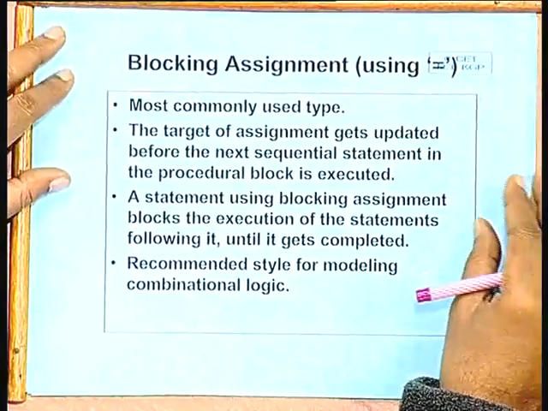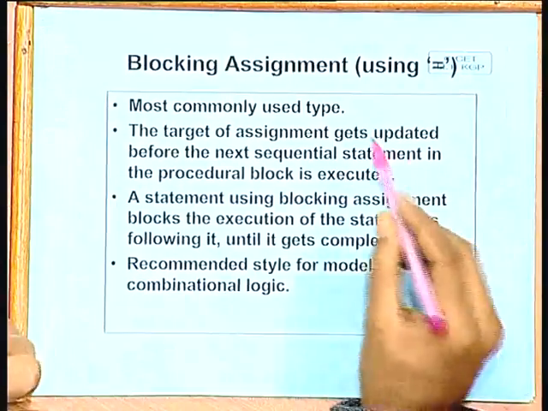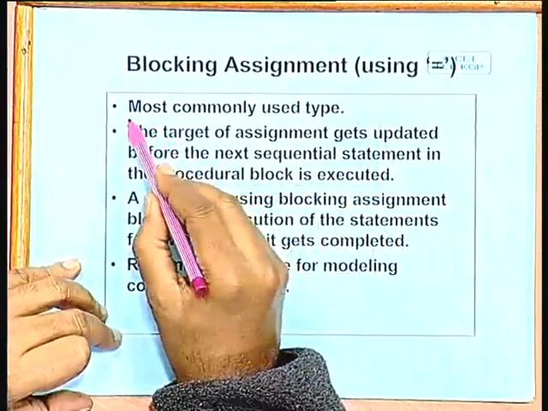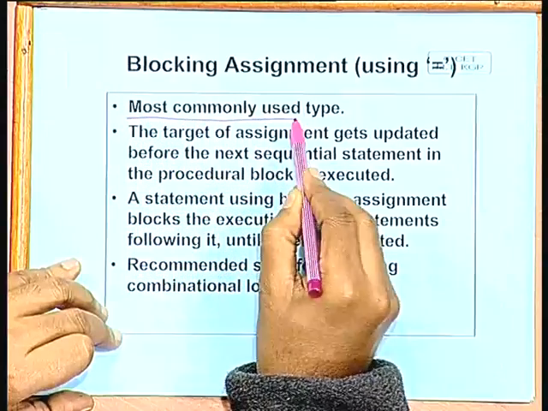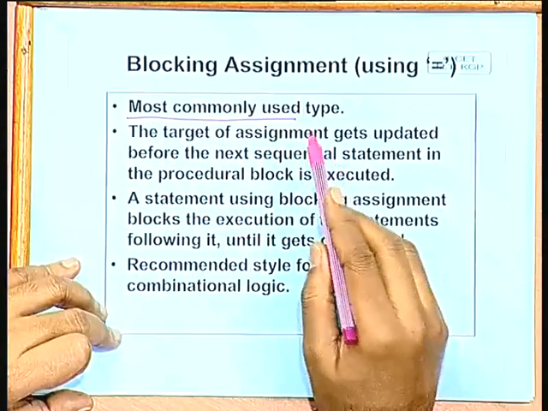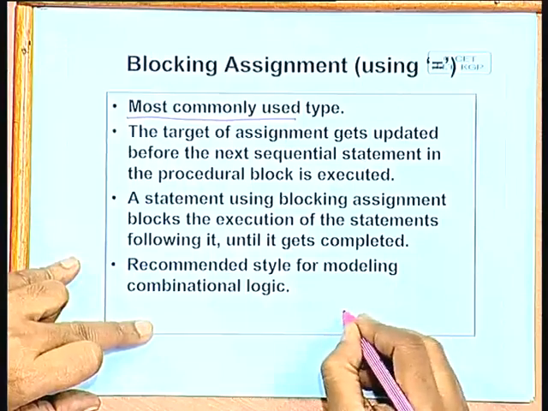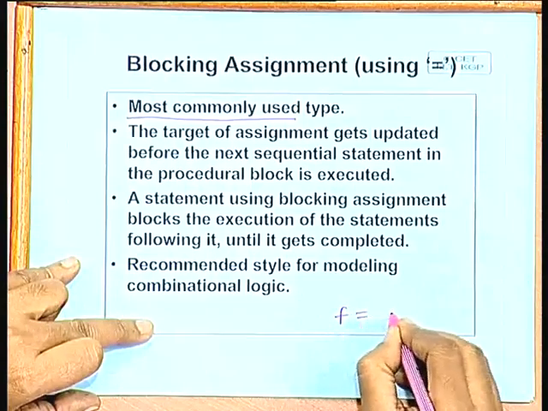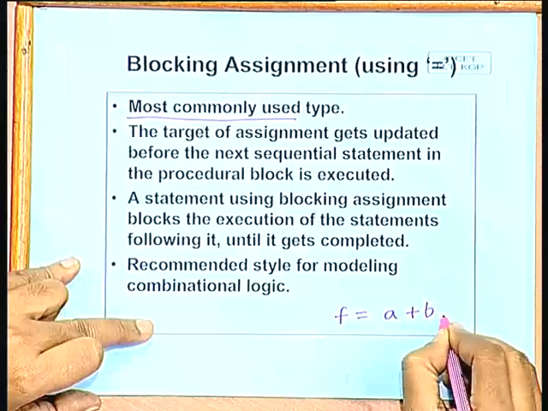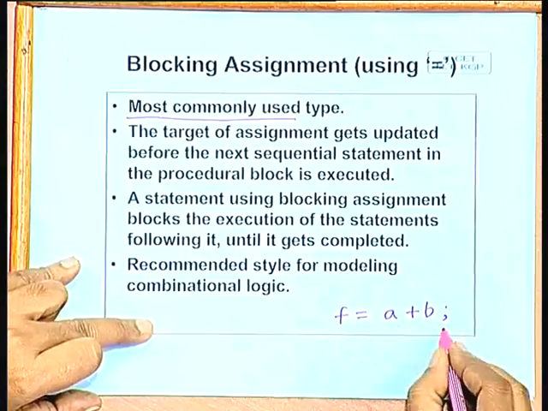First, let us look at the blocking assignment statement type. Blocking assignment is of course the most commonly used. Inside the always block, whenever we write an expression like f equal to a plus b, this is an example of a blocking assignment.